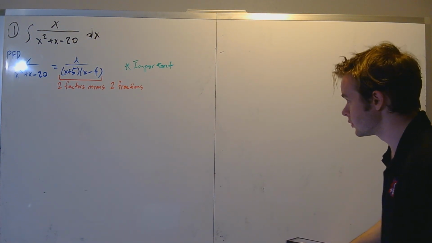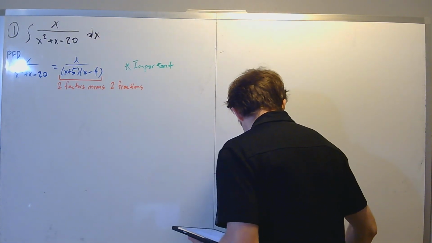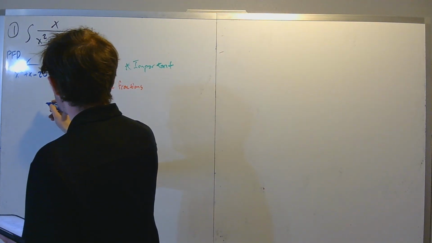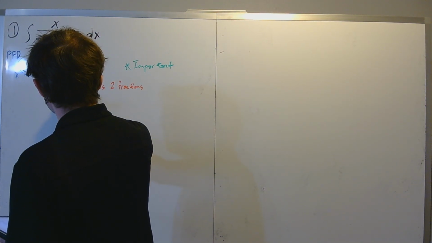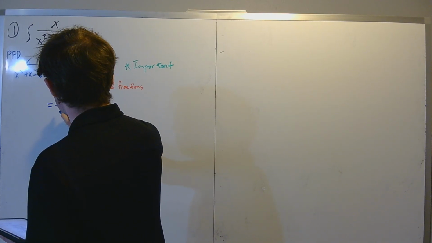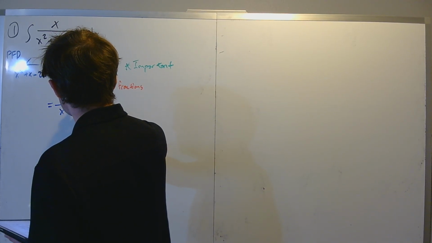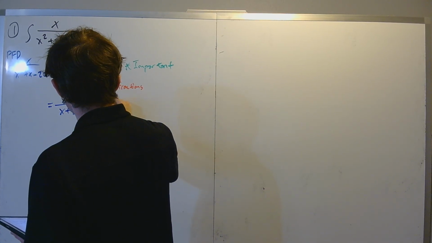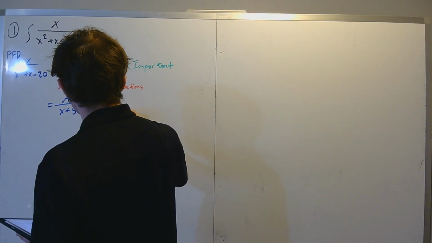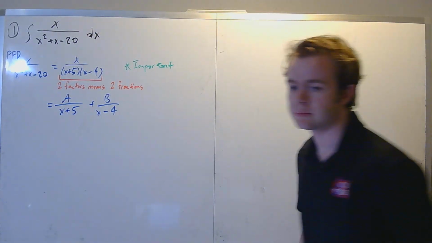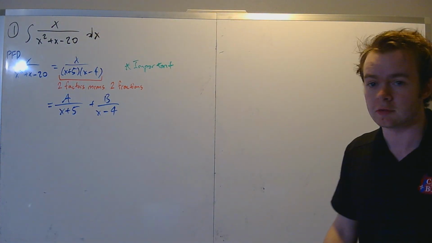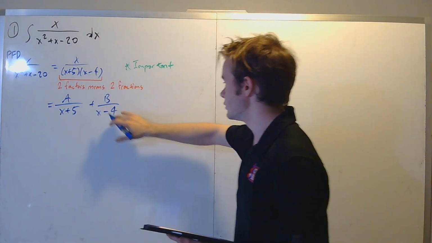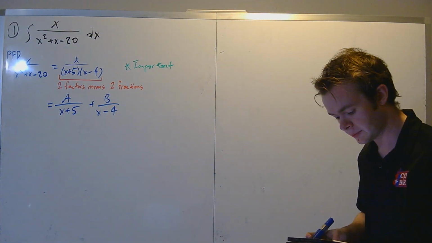So what this tells us is that our answer is going to be a over the first factor plus b over the second factor, right? So that's how we're going to decompose it.